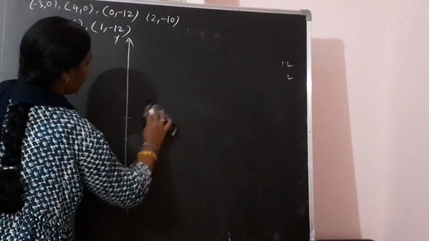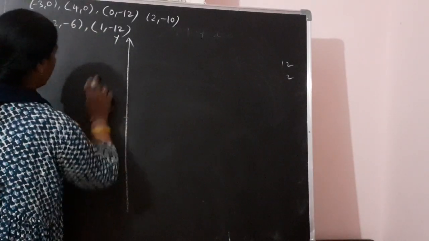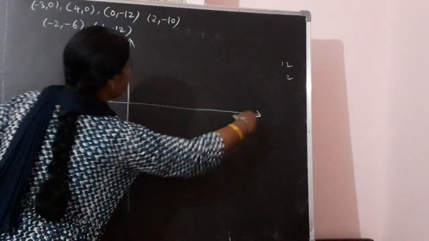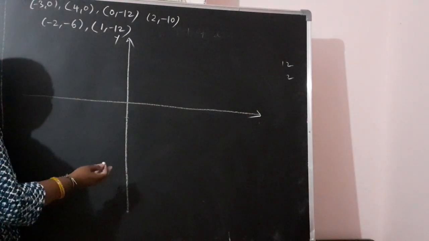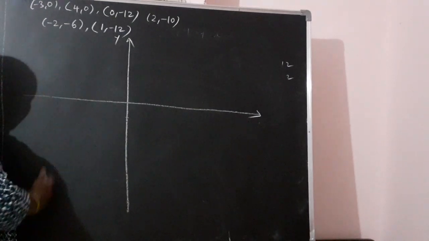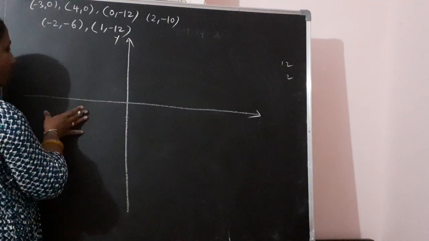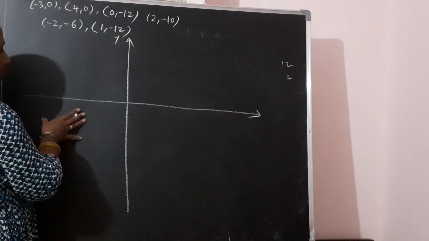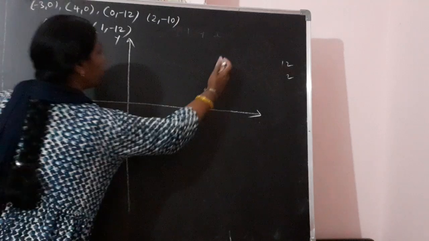Like this you can rub with the pencil and adjust. We need the negative part very much, so that's why I am taking it here. Whenever you need the positive part of the x-axis the most, then you have to take the y-axis here. Whenever you need the negative part of the x-axis, with many values there, then you have to move it here.